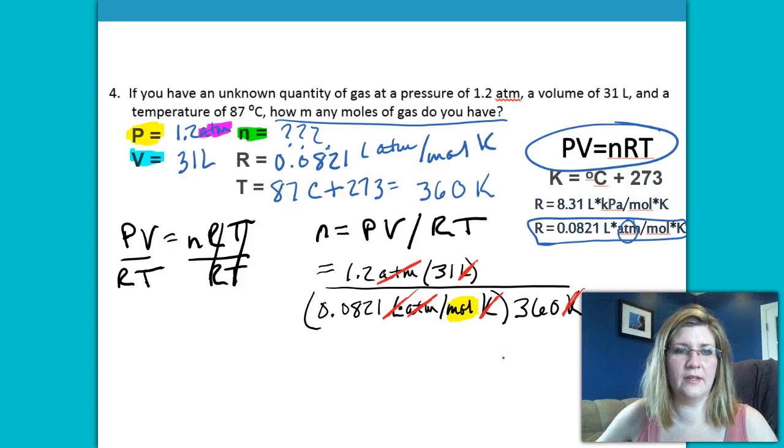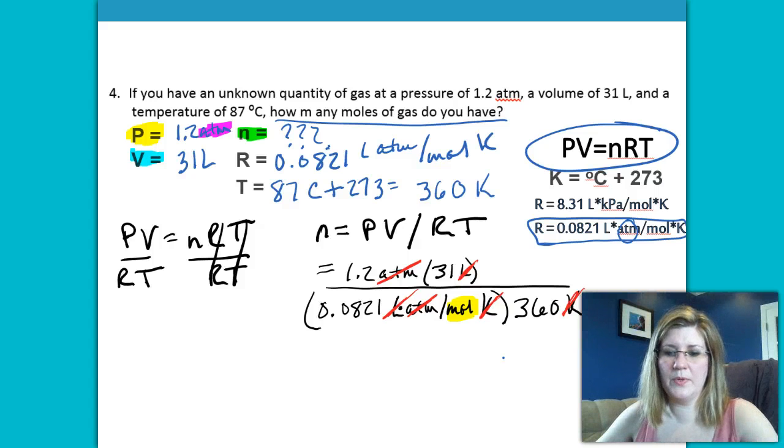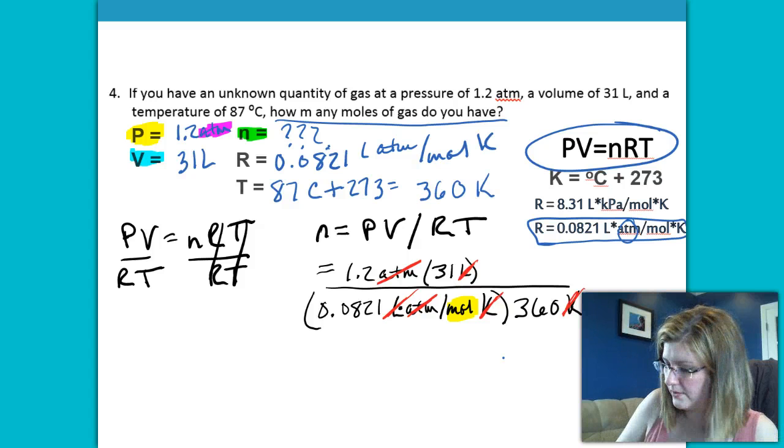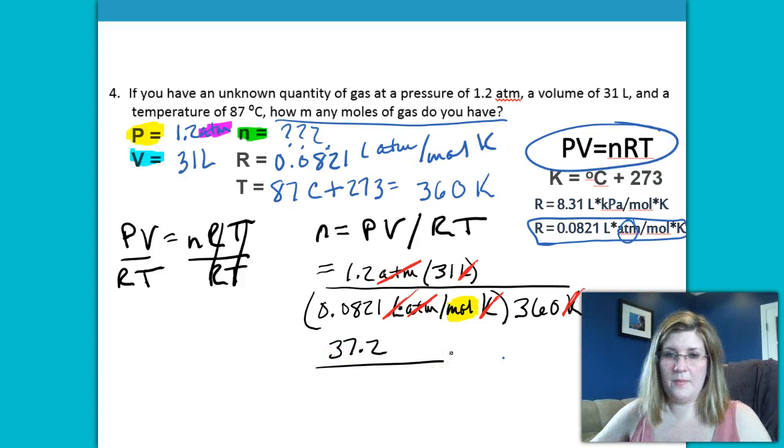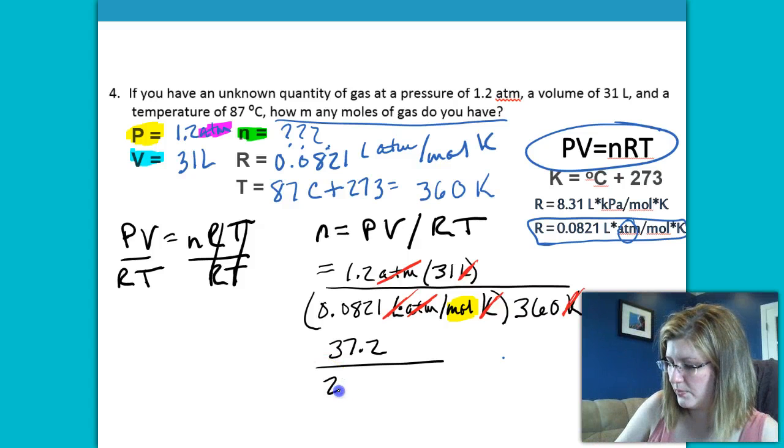All right, so if we calculate this out, on the top we have 1.2 multiplied by 31, and that solves to 37.2, divided by our gas constant multiplied by 360, and I get 29.56.